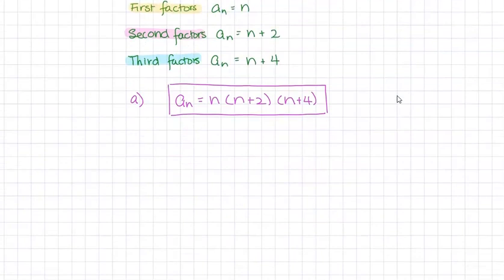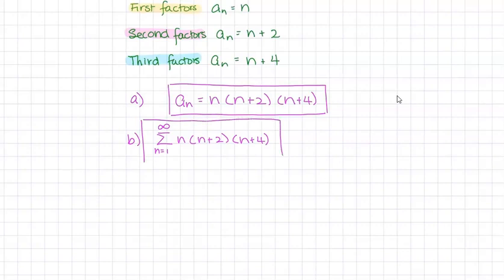So just be careful. Part B is going to be the summation, and you can use whatever variable you want actually, because we're not stopping at n. If you want to keep it n and just say this, it's totally fine, because n isn't being used elsewhere in part B.